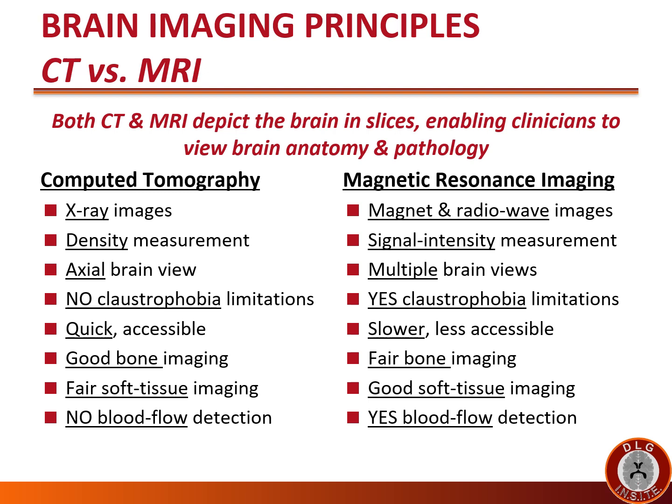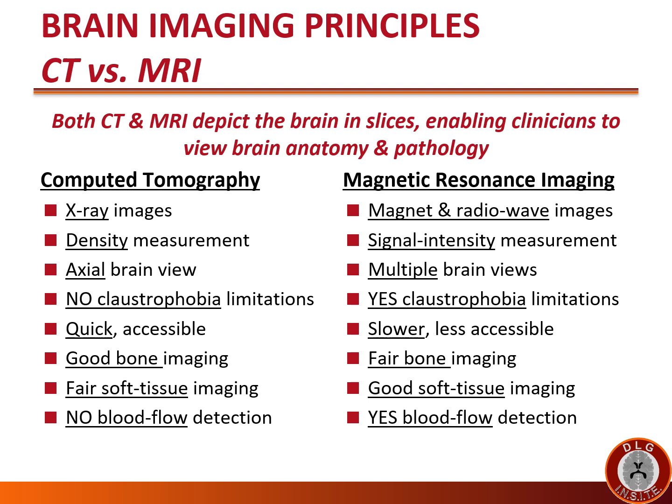CT is best for axial brain views, whereas MRI may give multiple brain views. There is no claustrophobia limitation in CT because it's a big round open ring that the patient goes through. But most MRI machines do have claustrophobia limitations.